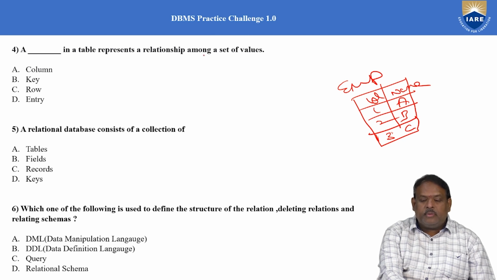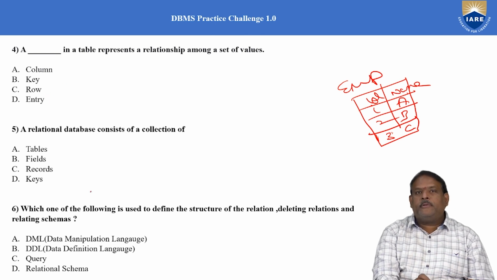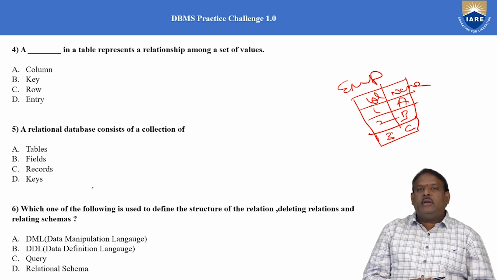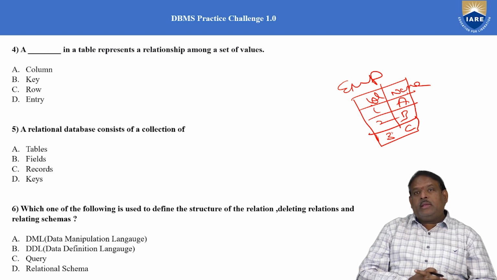The four given options are column, key, row and entry. So what would be the right answer? The question is, what in a table represents a relationship among a set of values?